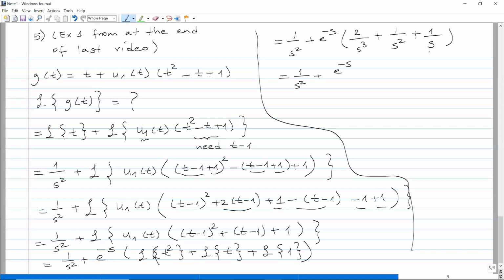If we get the common denominator here, common denominator is s cubed. So 2 plus s squared divided by s cubed. But you don't really need to do that.